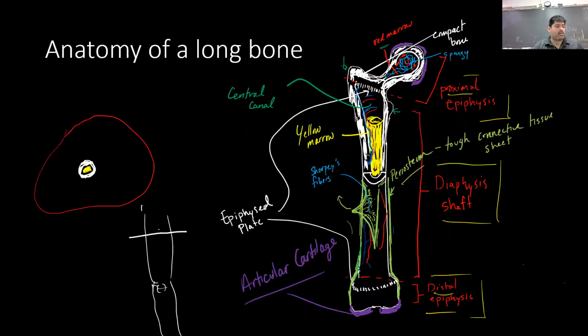But if we cut through a bone and looked at it under some magnification, one of the things we're going to see are called osteons. The osteon is essentially the basic subunit of bone.